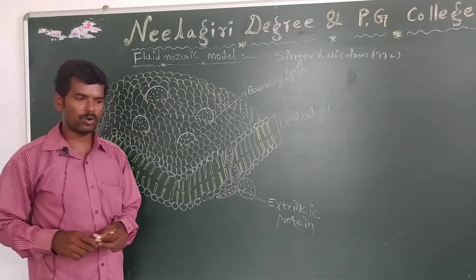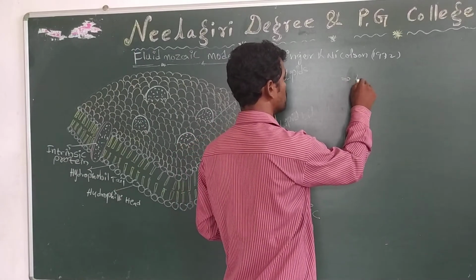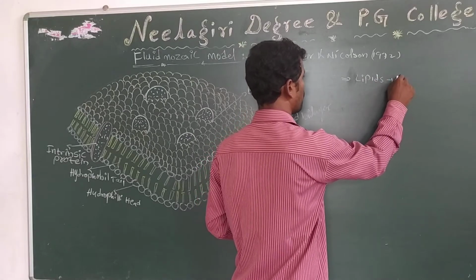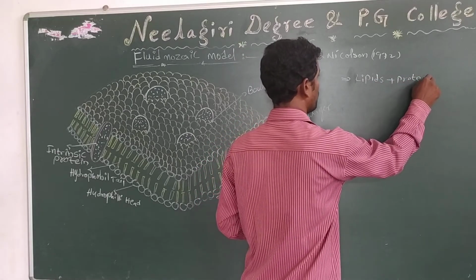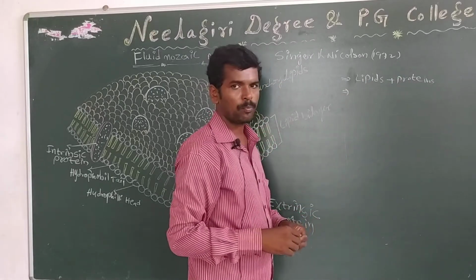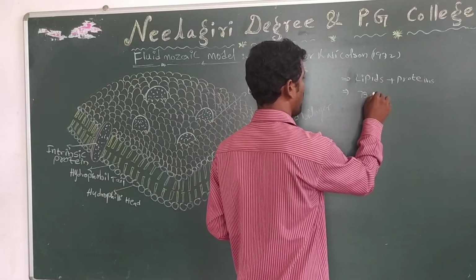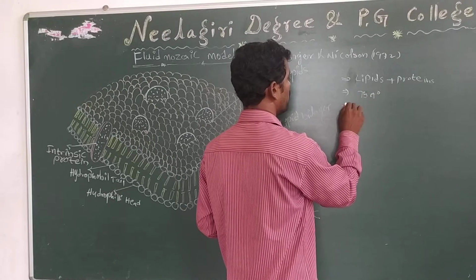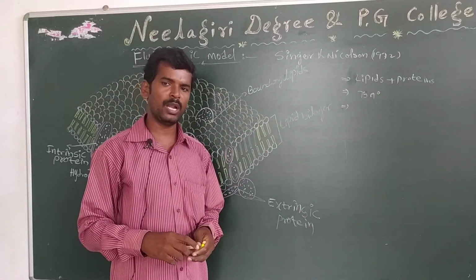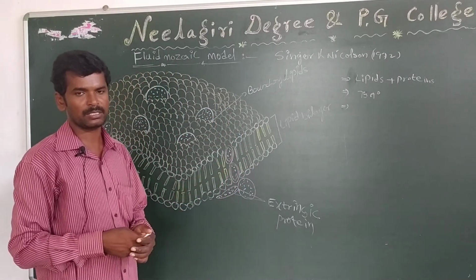In the fluid mosaic model, the plasma membrane's chemical composition is lipids plus proteins, and the plasma membrane thickness is also 75 angstrom, but there are differences between the unit membrane model, the sandwich model and the fluid mosaic model.